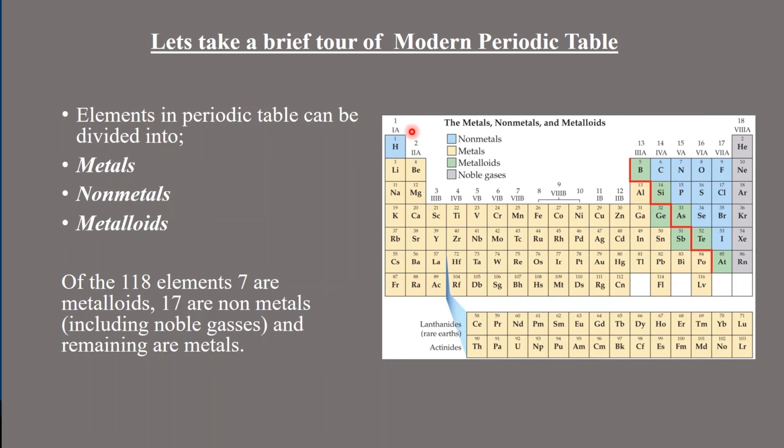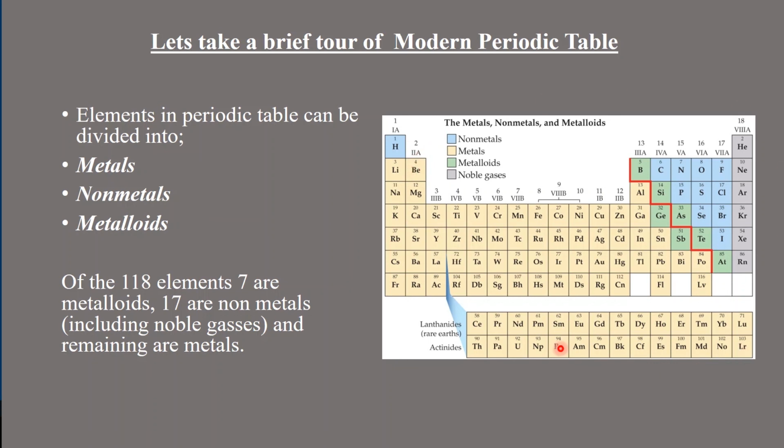You might be wondering why we have hydrogen, a nonmetal, included in group 1A with the alkali metals. To answer this, we will wait until the next chapter. And what you need to remember here is that even though hydrogen is in group 1A, it is not an alkali metal, or it is not a metal at all.